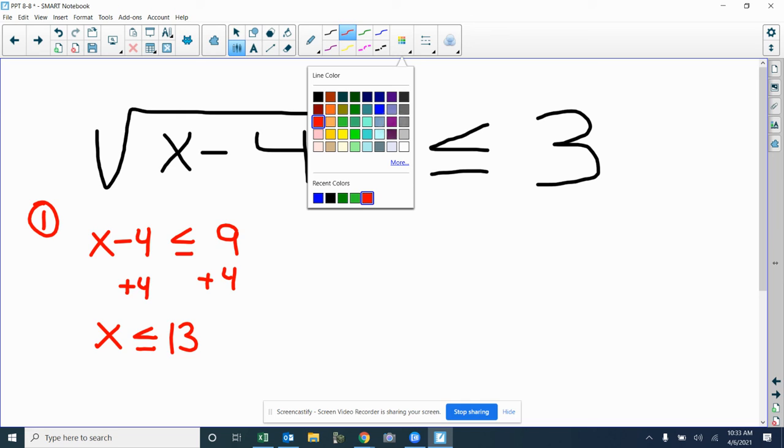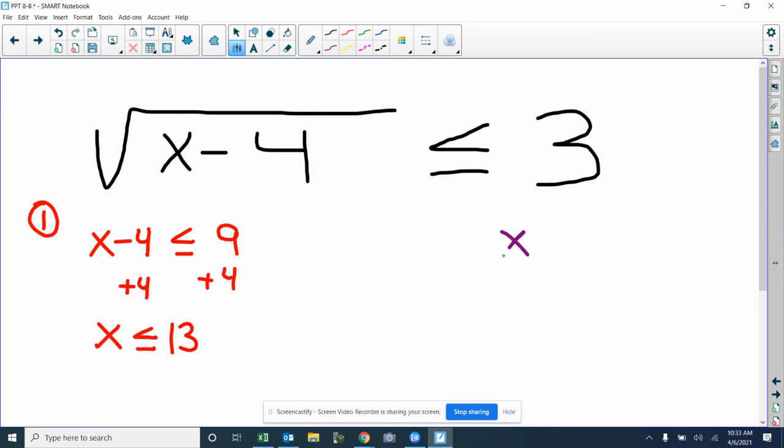The second part is what? x minus 4 has to be always greater than or equal to 0, since it is a square root.